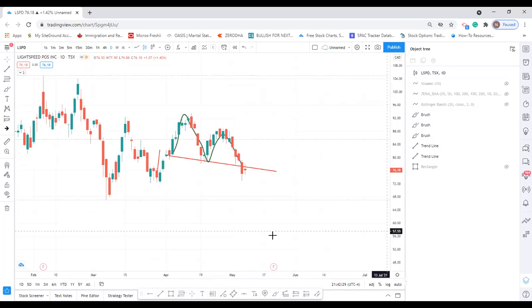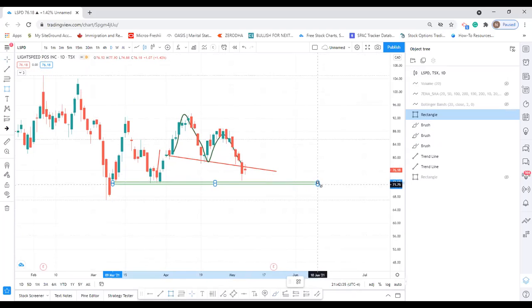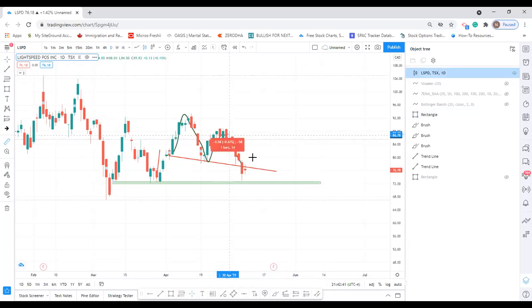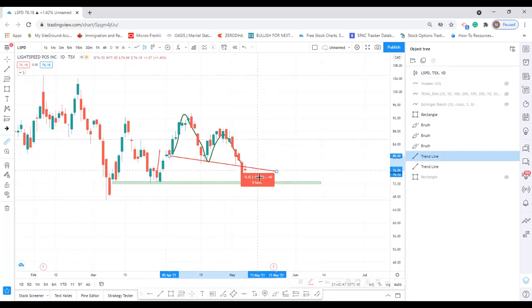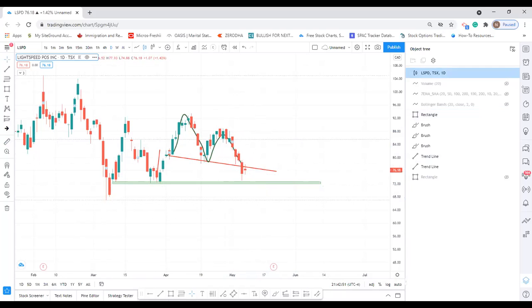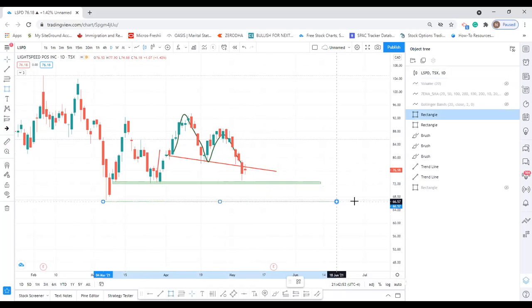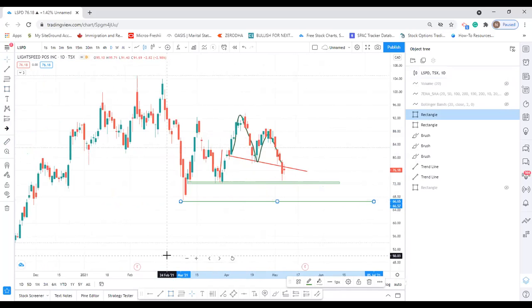The support it might get is from this area. If this support is broken, you will see further down. Usually the target will be 10%, 11% down, and 11% down from here is here. So that's why I say it might come to this area, 66. You never know, but it might.